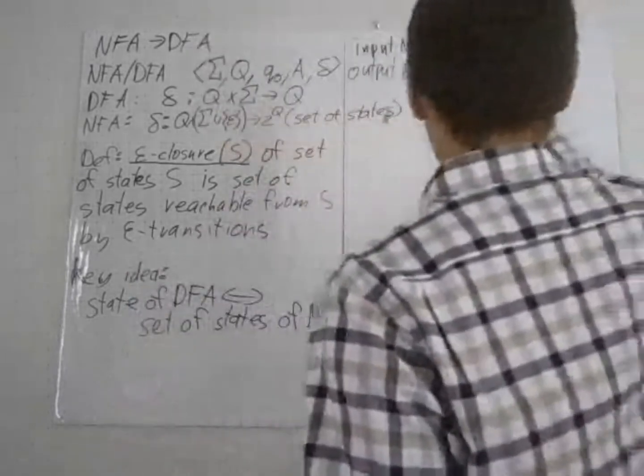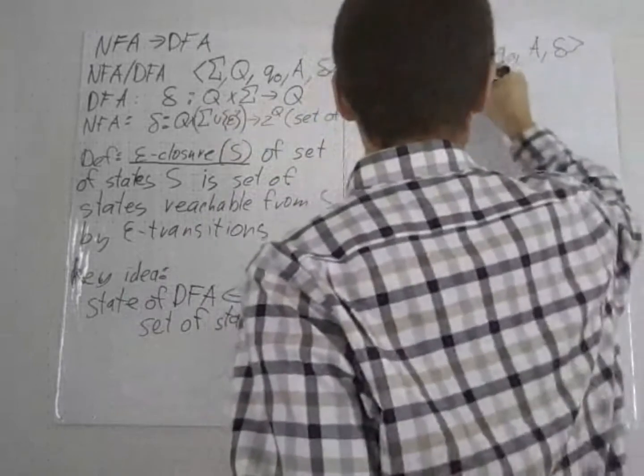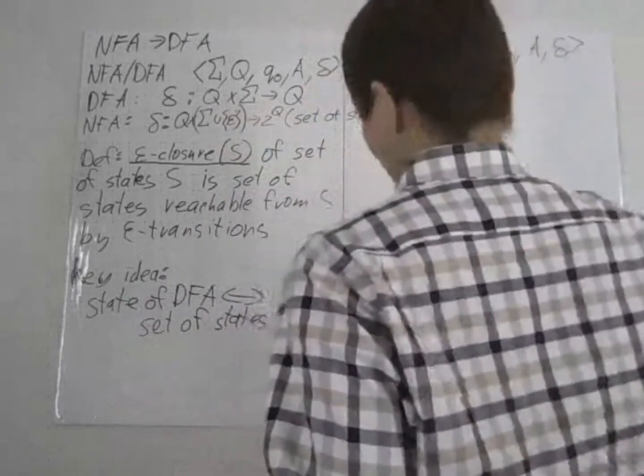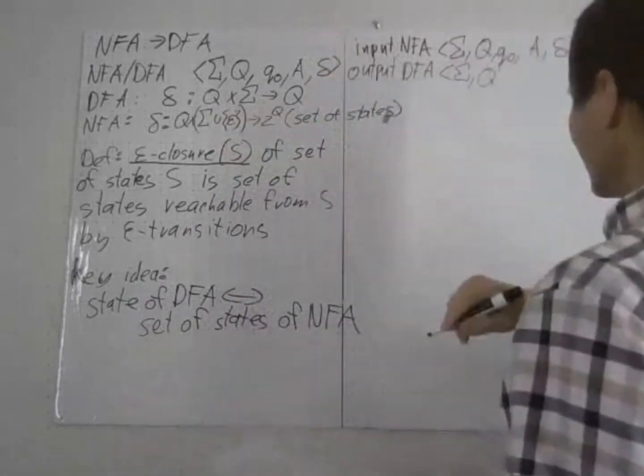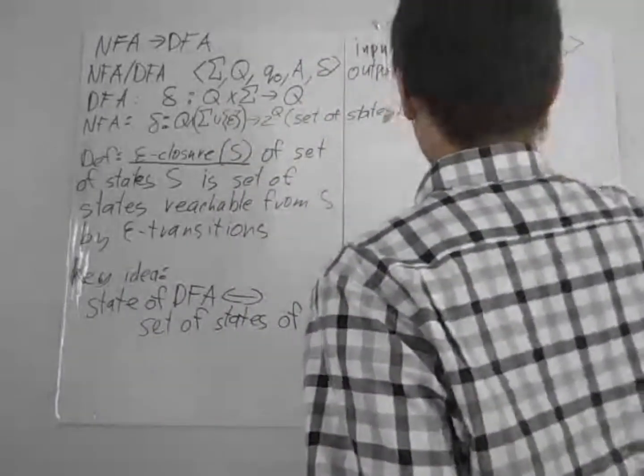Well, the alphabet is the same. So I'm going to use sigma for the alphabet, but now I'm going to use primes for the other parts of the DFA.